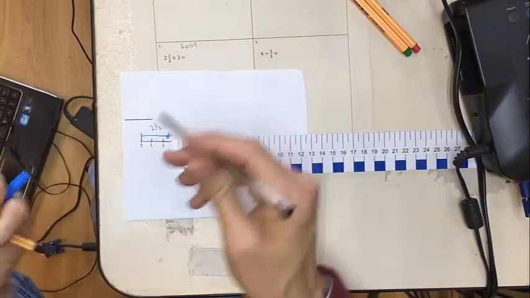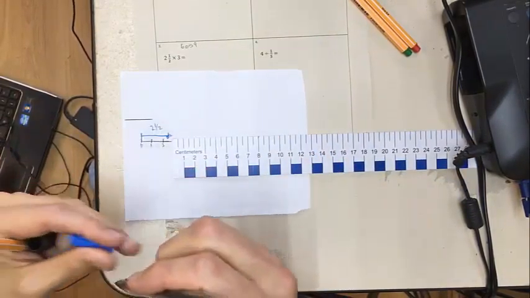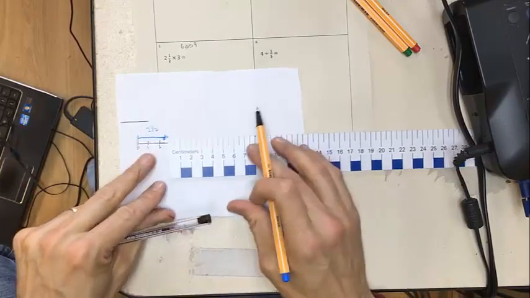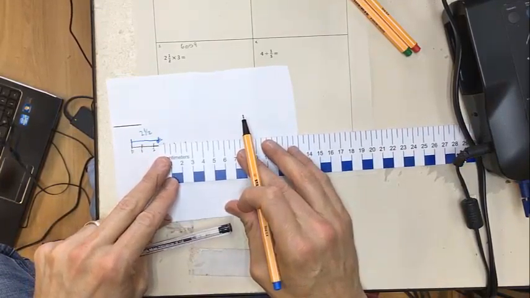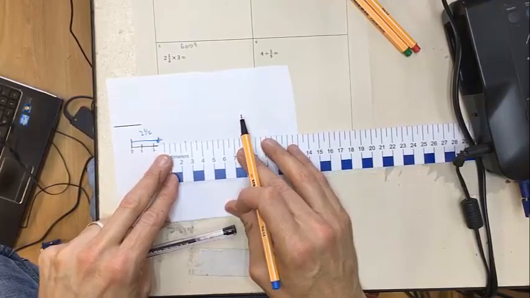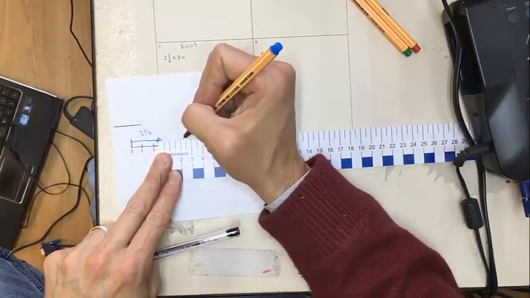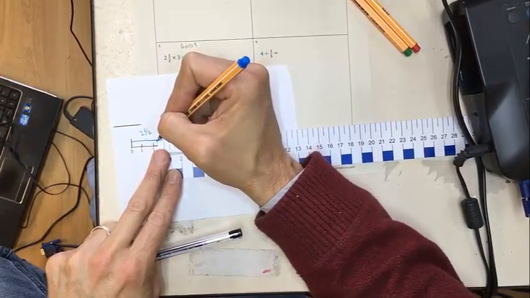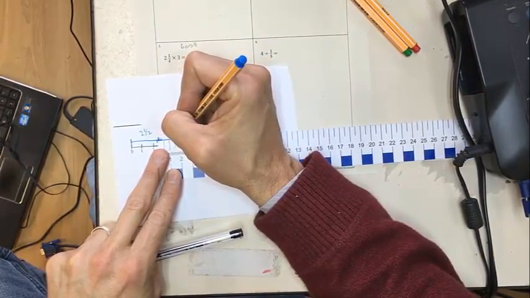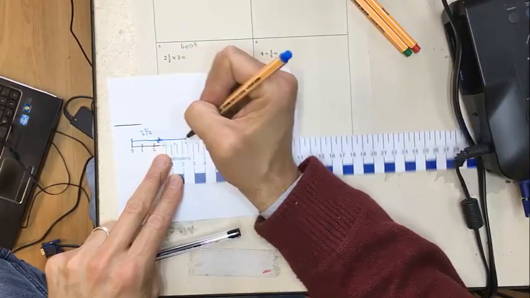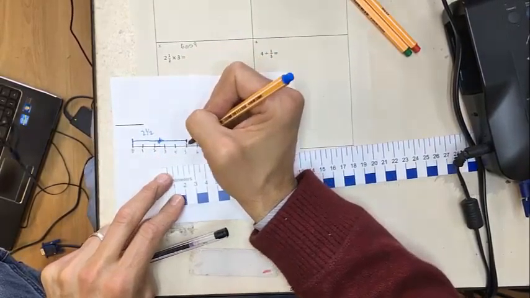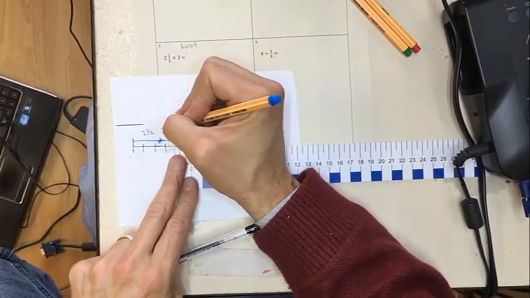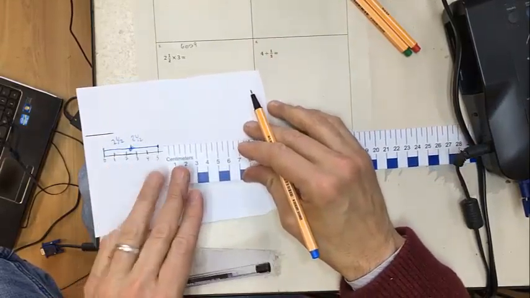So that's one group of 2 1/2. I want another 2 1/2. So if we start from here, we have 2.5 right there. Hey, that's right over 5. So two sets of 2.5 are 5.